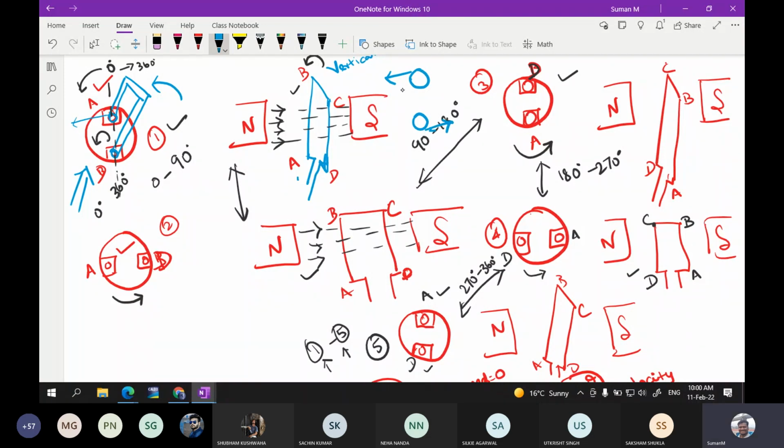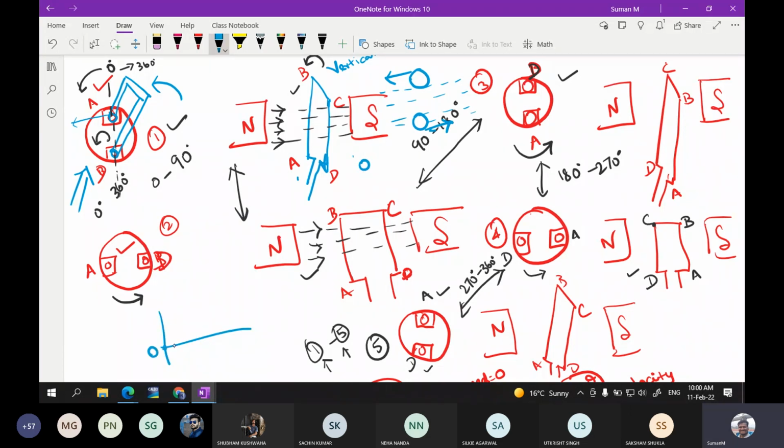Now, as I told before, the magnetic field is in this direction. The magnetic field and the velocity of the conductor are parallel to each other. So at that time, the EMF induced will be 0. We'll be plotting the graph.